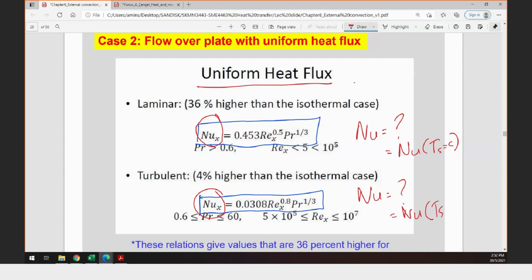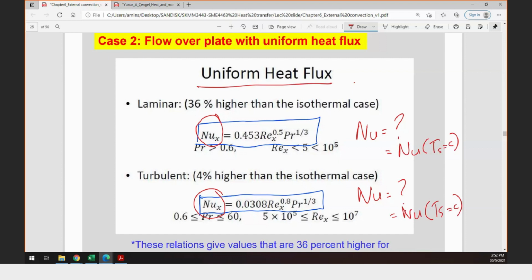This is a kind of assumption: we assume that the average condition for the heat flux will be the same as the average condition under uniform surface temperature.